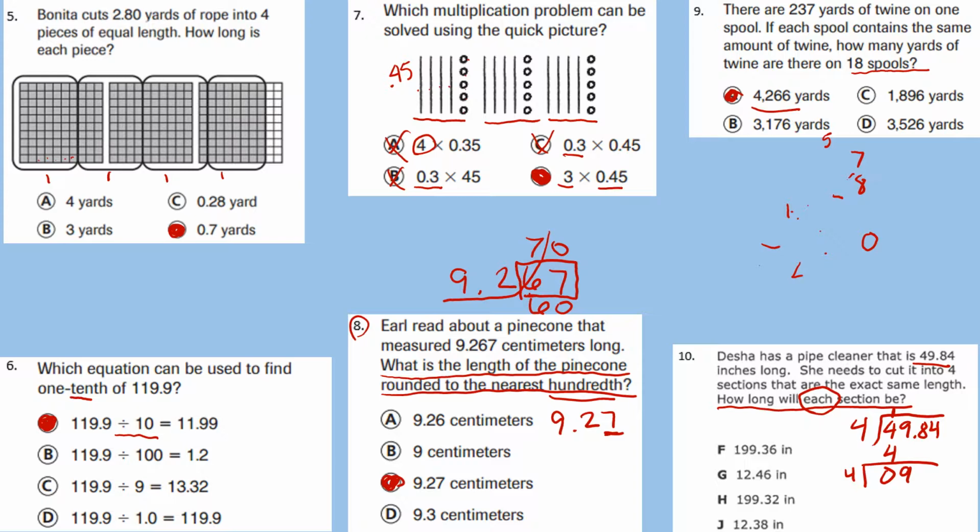That's what I did wrong. 4 goes into 9 2 times, that's 1 left over, bring down the 8. 4 goes into 18 4 times, that gives me 16. 2, bring down the 4. 4 goes into 24 6 times. So the answer is 12 and 46 hundredths. There you go. Sorry about that. We all make mistakes. Okay.